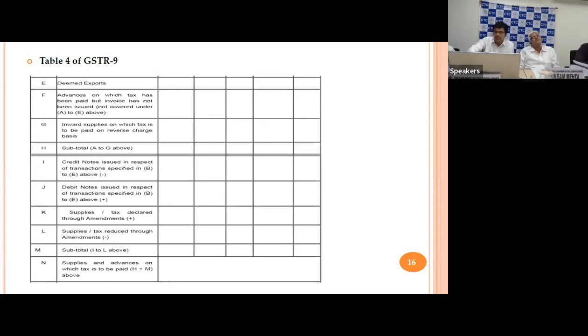See, GSTR-9 and 3B are merely disclosures of what I have already done. I'm not actually taking the credit on 20th December or on 18th December when I'm filing the 3B. So one aggressive view that can be taken is that till 30th November I'm entitled to this credit, and I'm claiming it as that, and I'm only reflecting it by 20th December, whatever, in my returns.